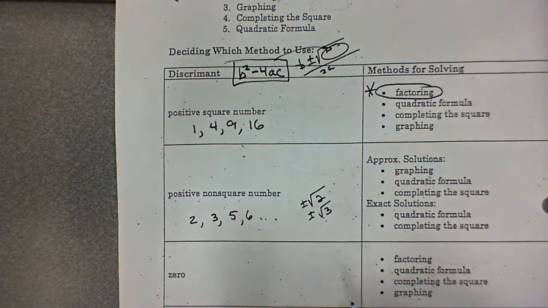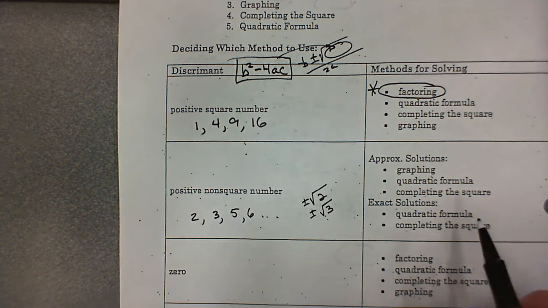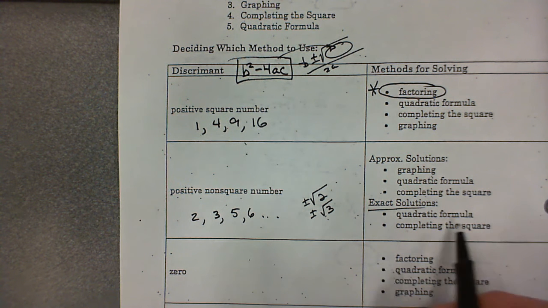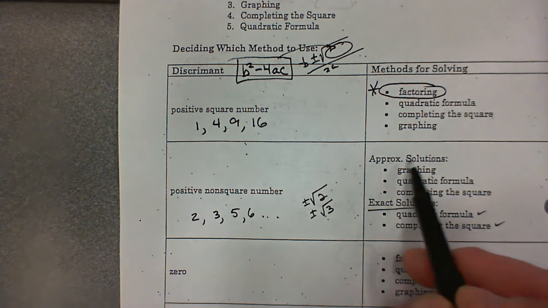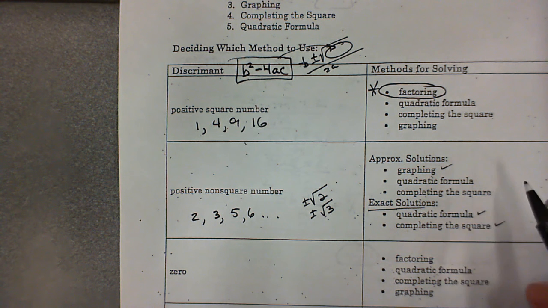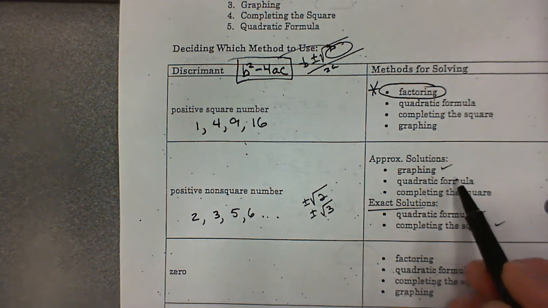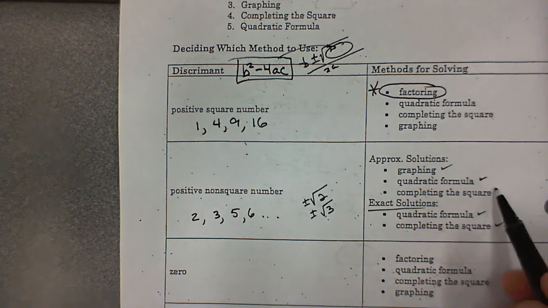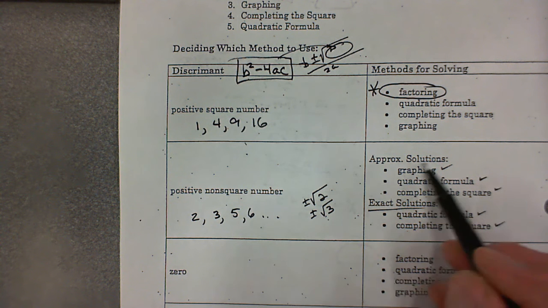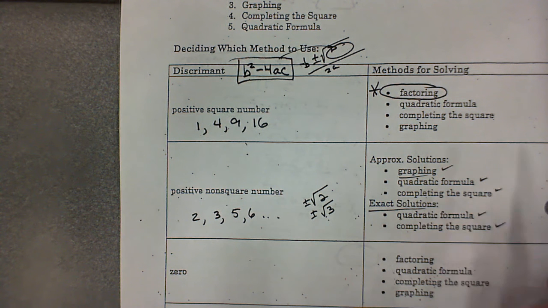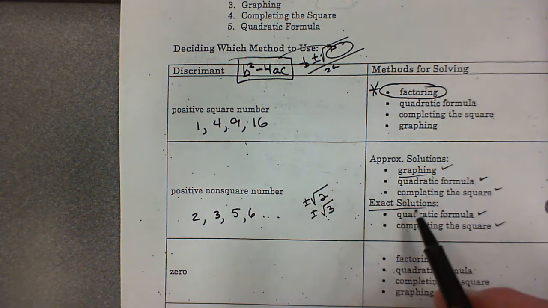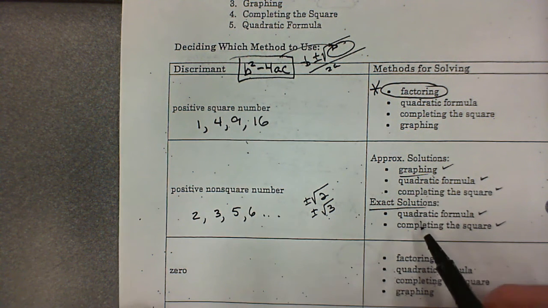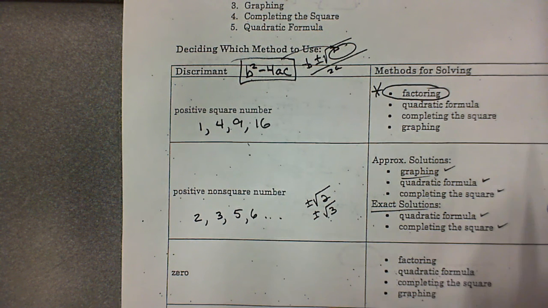So if you want an exact solution, you're going to have to use either the quadratic formula or completing the square. Those are your only two options. Now, if you're willing to do approximate answers, you could throw graphing in there. And again, these could be converted into decimals as well. If it's not a nice number, which you would get through factoring, you're only going to get approximate answers through the graphing method.